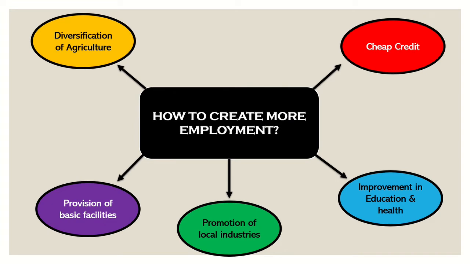Most of the Indian villages lack education and health facilities. A study conducted by the Planning Commission estimates that nearly 20 lakh jobs can be created in education sector alone. Similarly, we need many more doctors, nurses, health workers in rural areas.